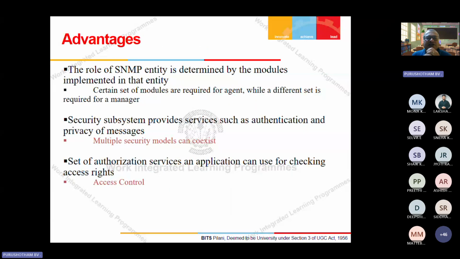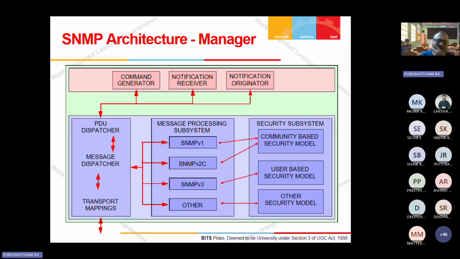So with this, the advantage is that the SNMP entity is determined by the modules which are implemented in the entity. The security subsystem and a set of authorizations are really helpful and make this the best version of the protocol.